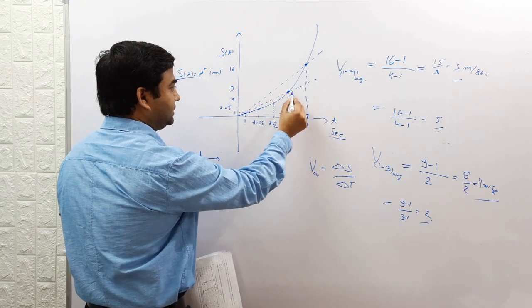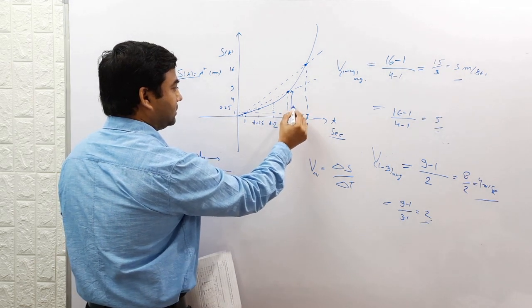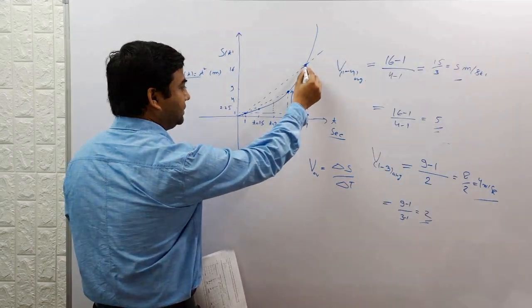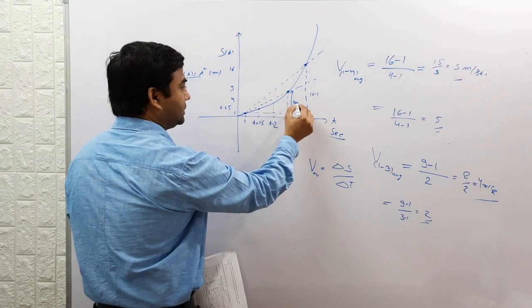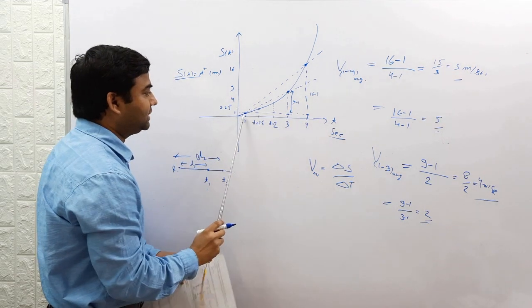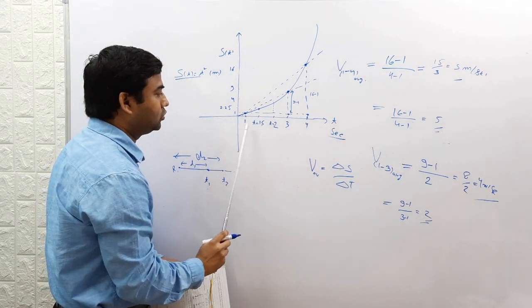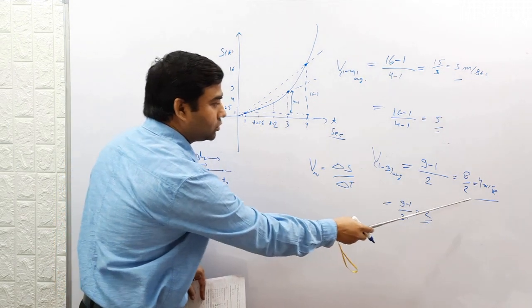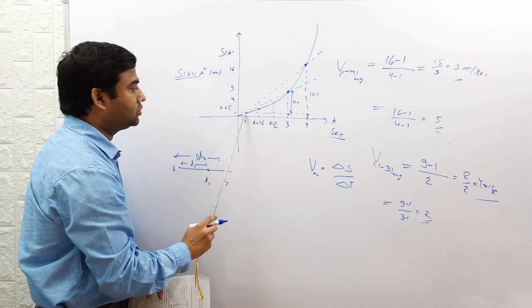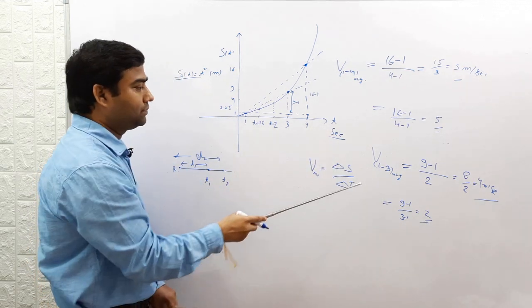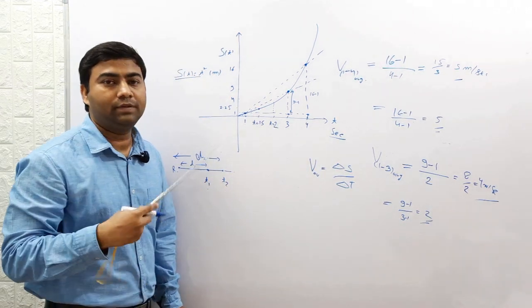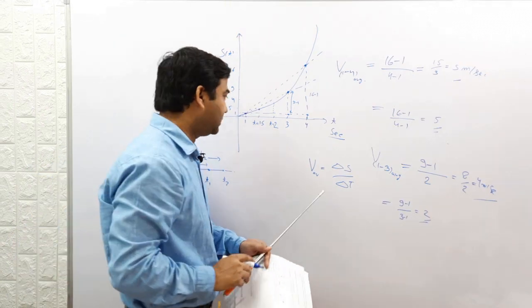Similarly, this was the vertical distance, 16 minus 1. This is 9 minus 1. And horizontal distance, 1 to 3, is 2. So the gradient of this secant joining t equal to 1 to t equal to 3 is also the same as the average velocity between t equal to 1 to t equal to 3.